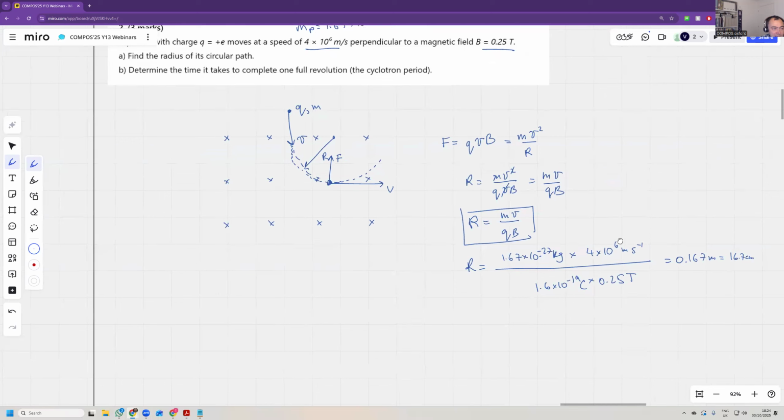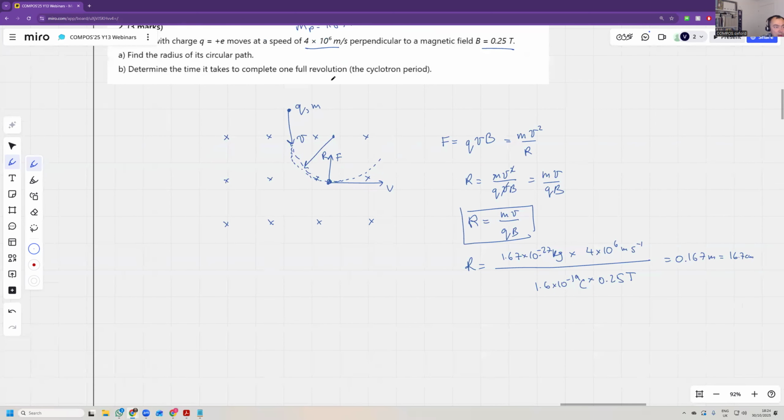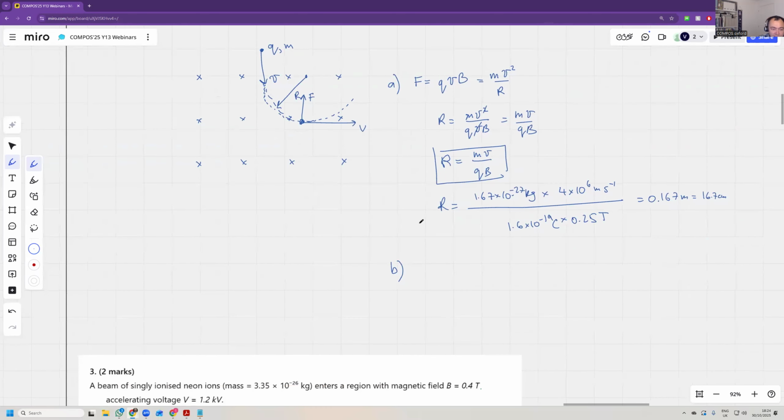And then determine the time it takes to complete one full revolution. B. The time it takes for one revolution. So the time period is equal to the distance traveled, 2 pi r, divided by the speed, v, and that's equal to 2 pi times 0.167 divided by 4 times 10 to the 6 meters per second.